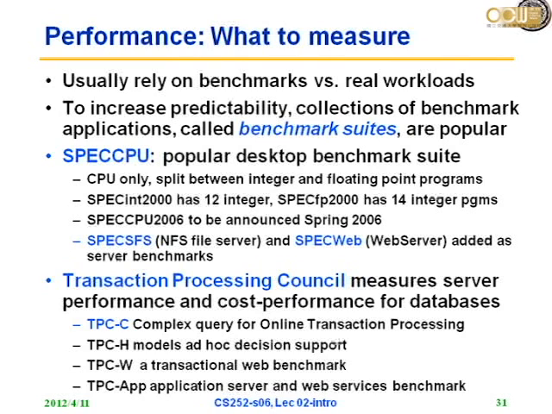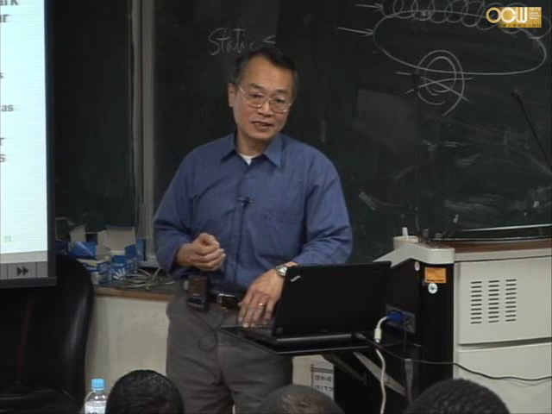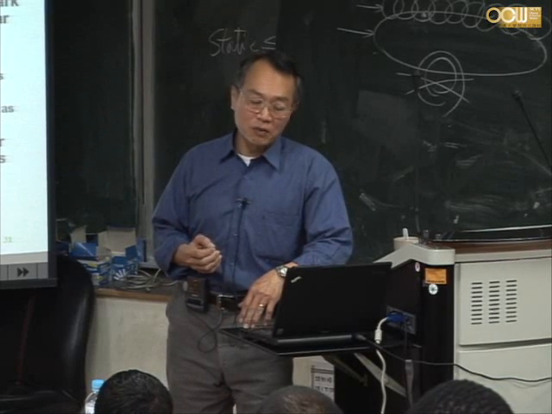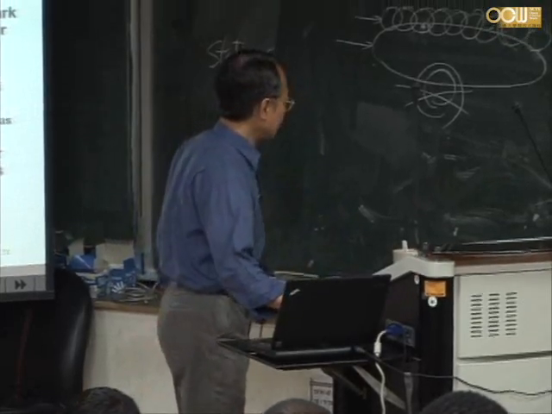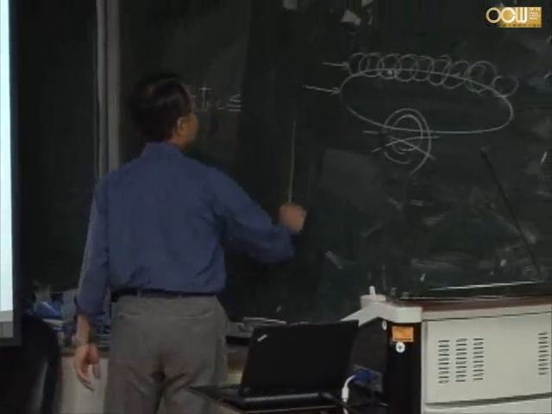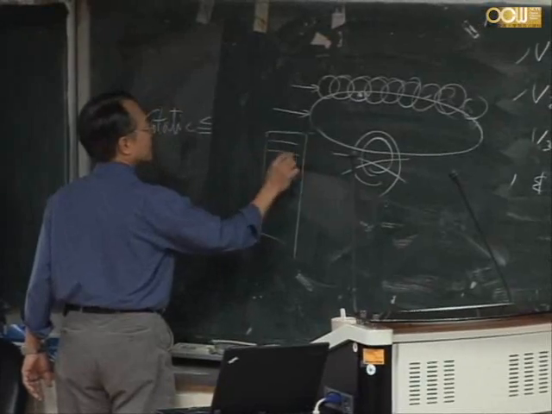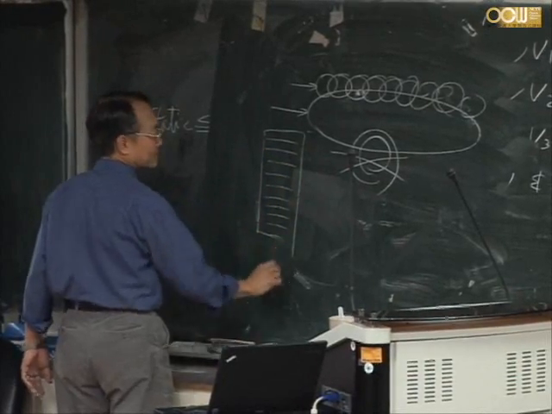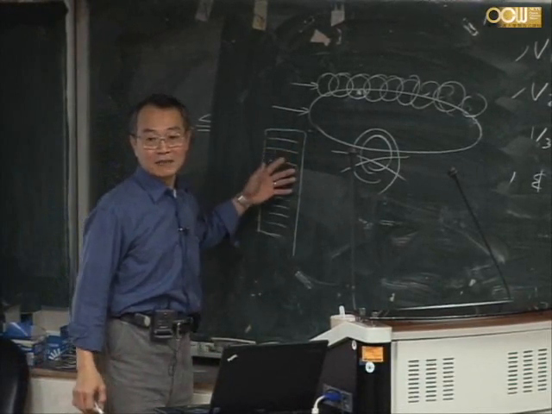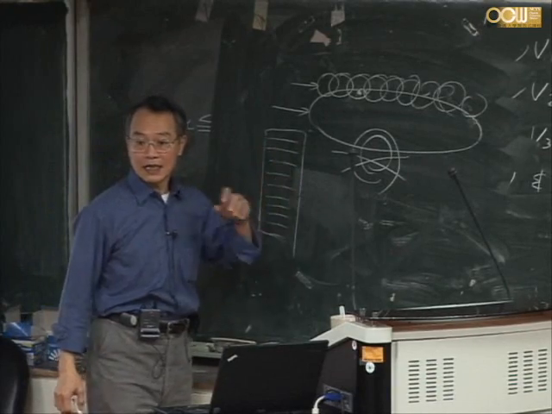But that's far from being realistic. So another way to measure speed is to use benchmark suites. A benchmark suite contains a lot of commonly used programs, typically more than 10. Okay?